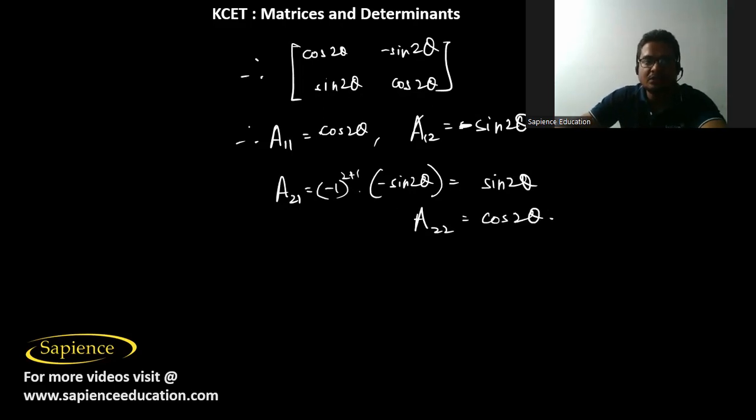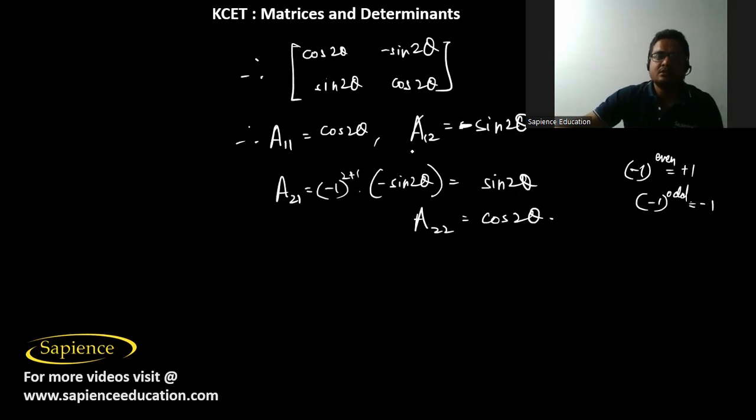Here we took plus since (-1) to the power 1 plus 1 is plus 1, and (-1) to the power 2 plus 2 is plus 1. (-1) to the power of any even number is plus 1, and to the power of any odd number is minus 1.